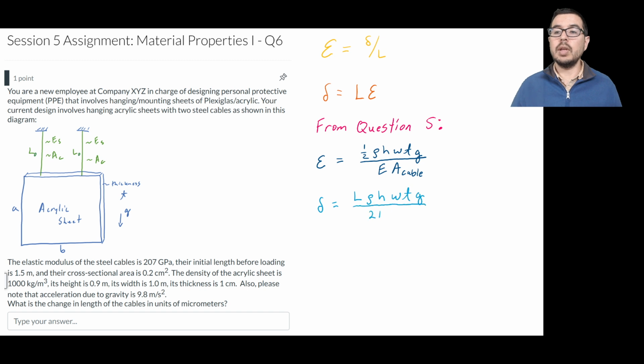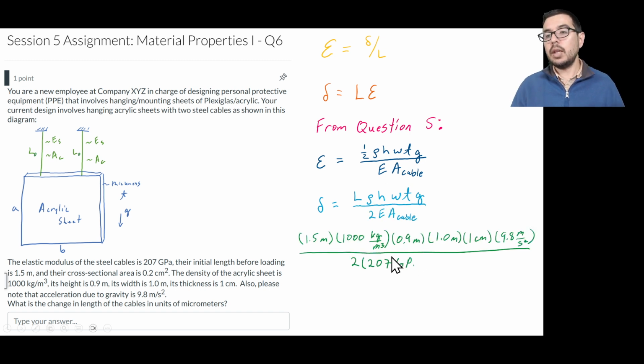And so we can do that, and we get this large expression. And here it is, all written out, hopefully with the right numbers. We have an initial length of 1.5 meters, which is given over here. We have a density, a height of the object, a width of the object, and a thickness of the object.